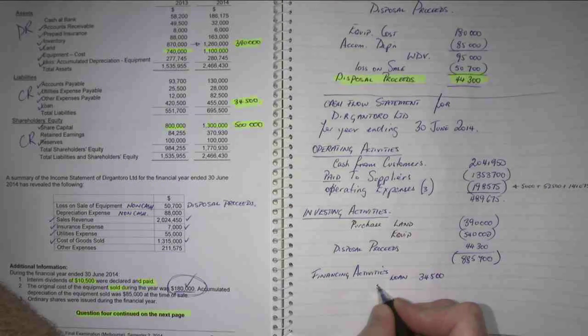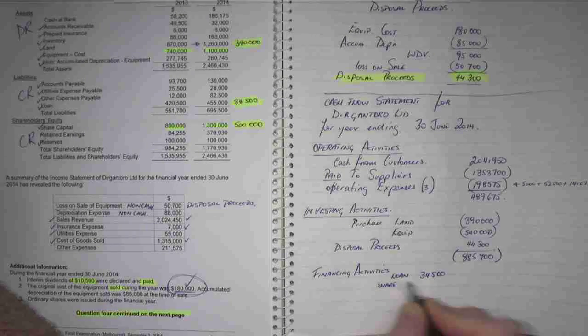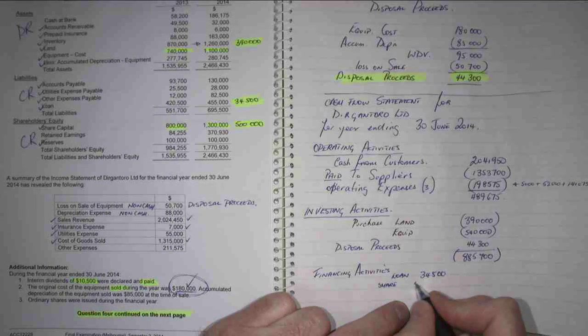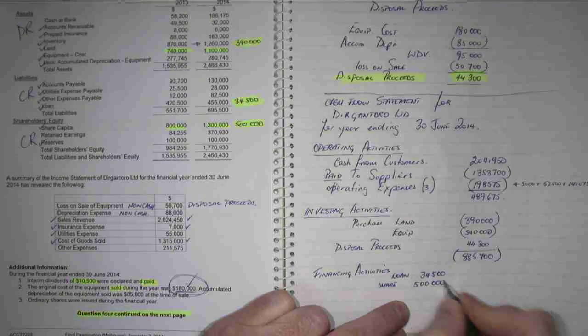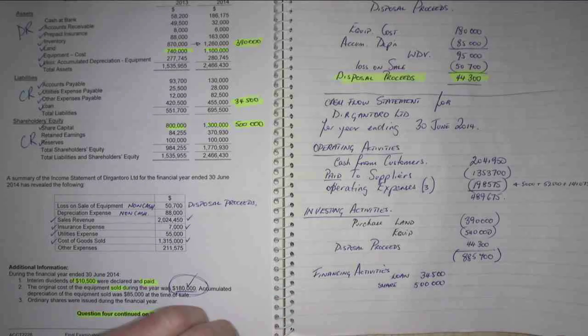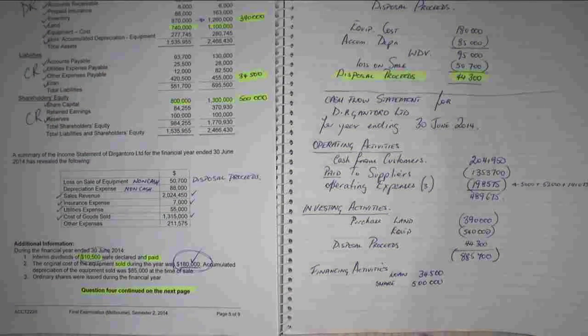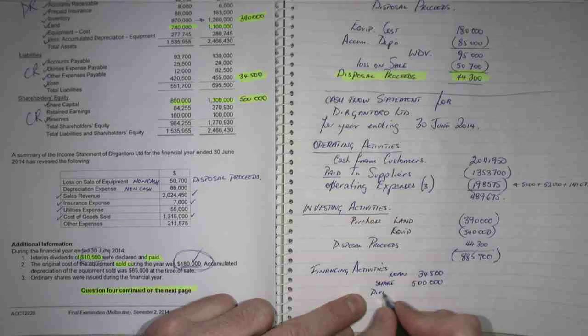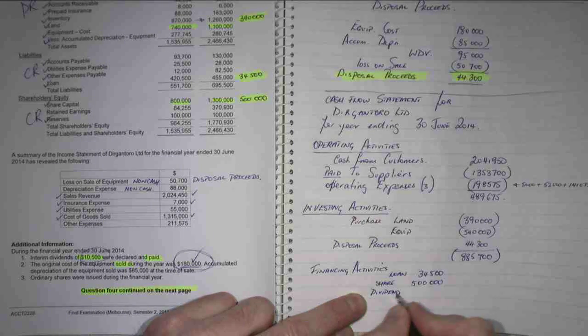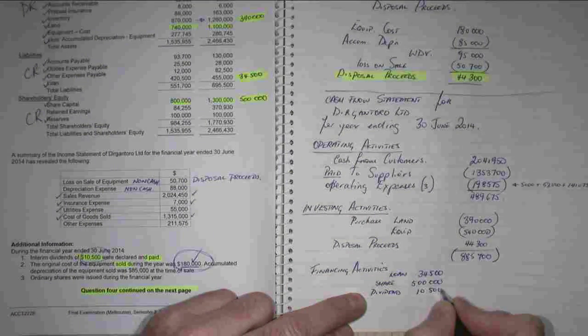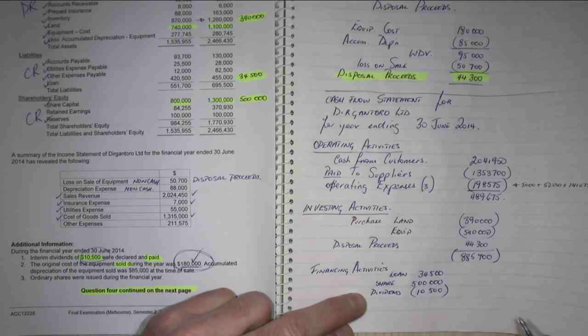Shares, or share proceeds, of 500,000. And the last thing is my dividends paid of 10,500. And that was an outflow.